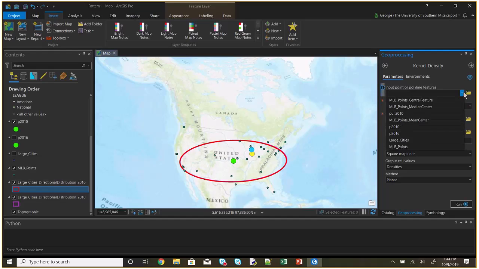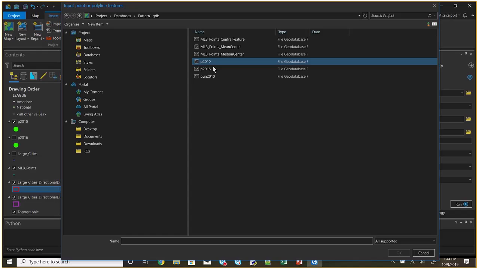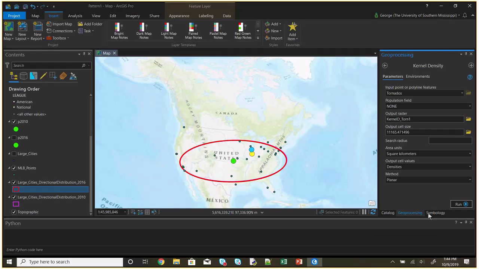So I can say I'm going to actually choose the tornadoes, databases, lab 3, tornadoes, and I'm going to make my cell size some nice round number, 10,000. My search radius is how far out I want to look.